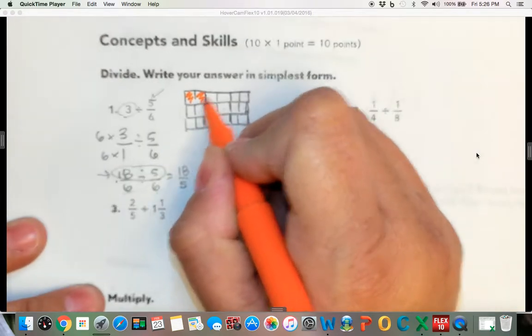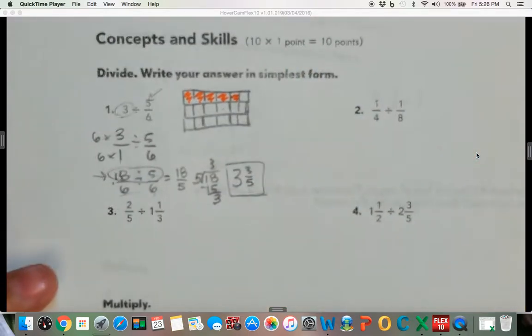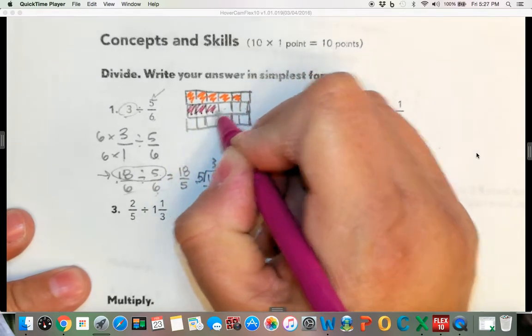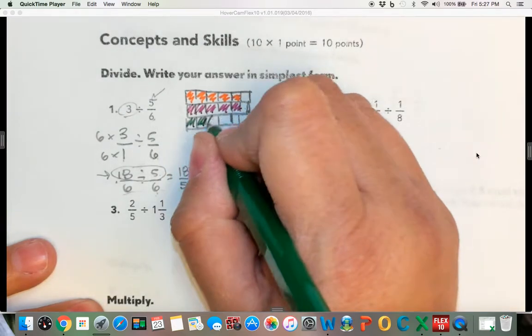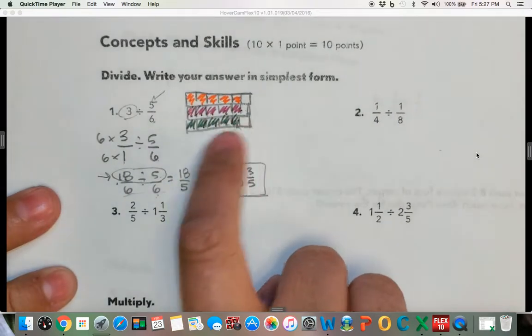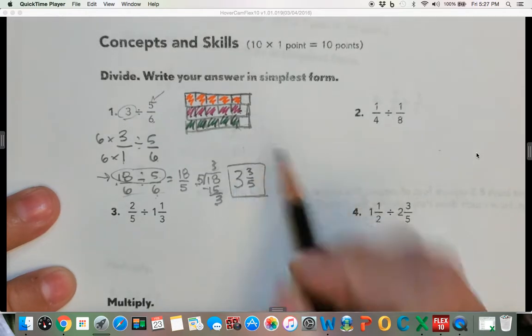So here's 1. Here's 2. Here's 3. I have 3 groups of 5. That's our whole number here. This is our whole answer.